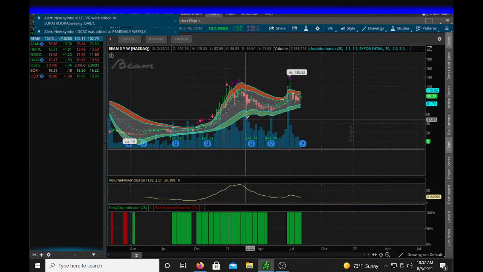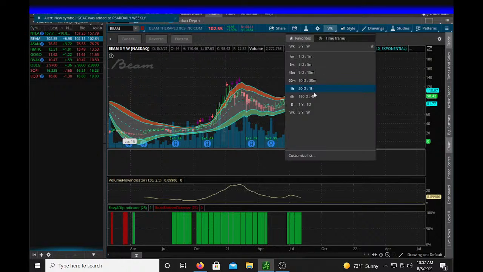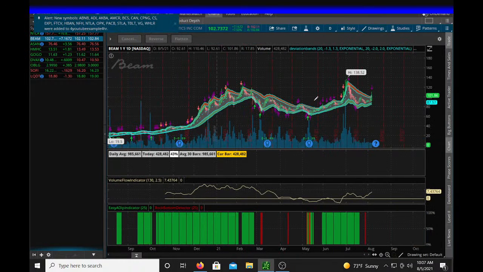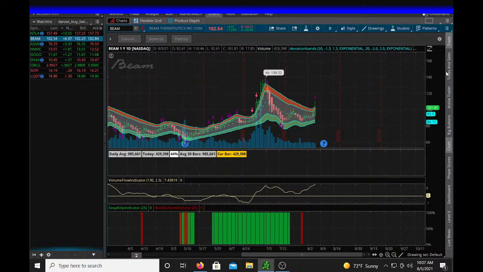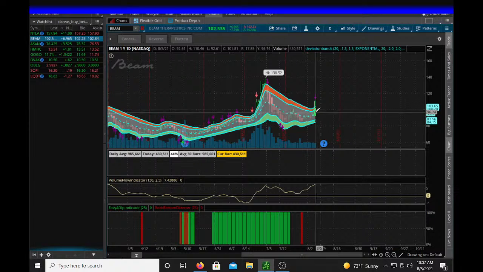Beam. And we've got a bit of a high, possibly, and a doji here. This might have people thinking about the push up out of earnings.